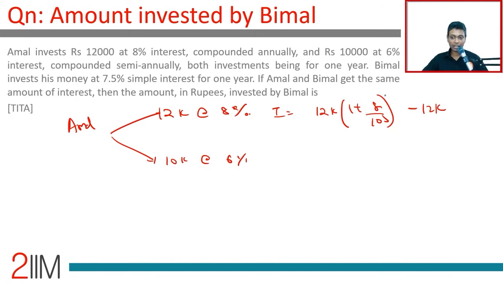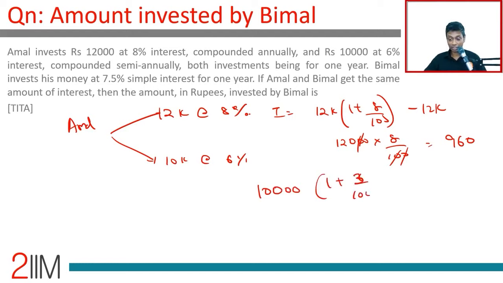That is P into 1 plus r by 100 whole power n minus principal, or it is just 12,000 into 8 by 100. 120 into 8 is 960. For this one, the amount is going to be 10,000 into 1 plus 3 by 100, compounded semi-annually, whole square, twice over, or it is 10000 into 103 by 100 into 103 by 100.